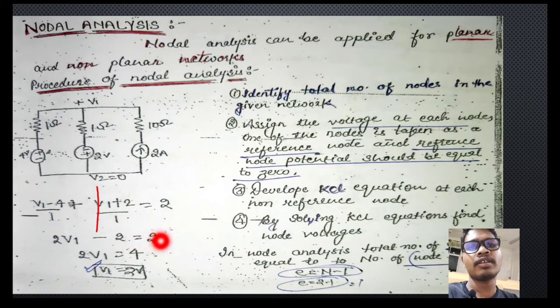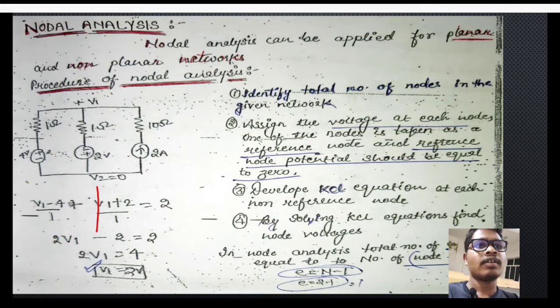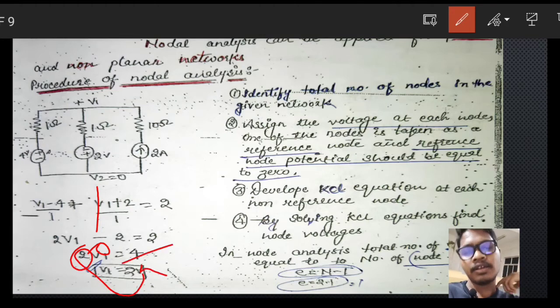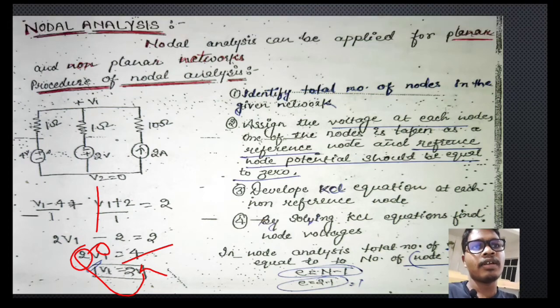Minus 2 will be transferred to this side, then minus 2 will be plus 2 here. So plus 2 and plus 2 is 4, and 2 V1 is on the left hand side. After placing V1 here only, 2 will be transferred to the right hand side as the denominator. So 4 divided by 2 is equal to 2 volt.